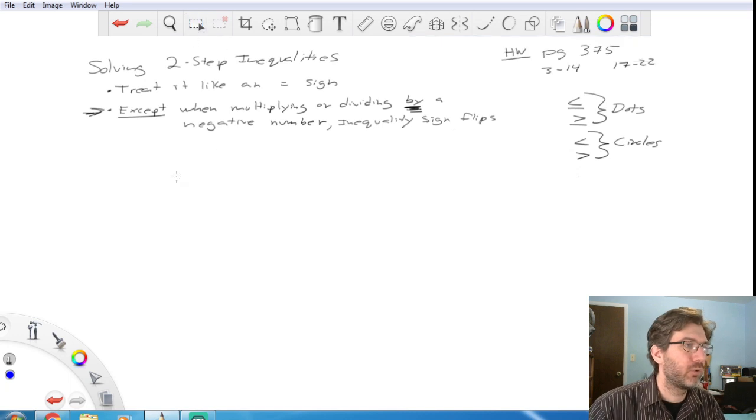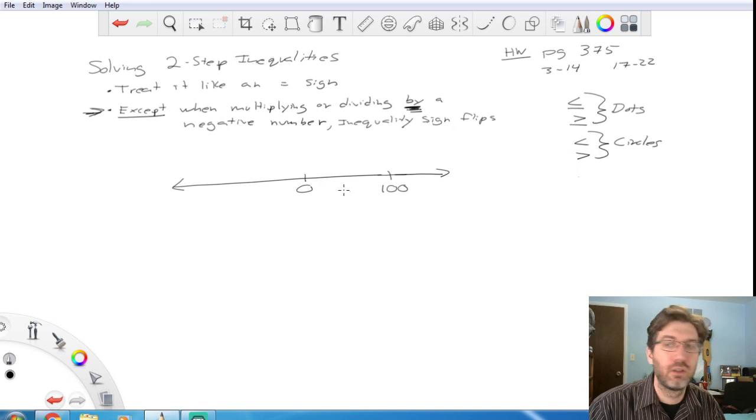If you follow along a little bit here, let's look at a number line. Let's say 0 is here, and let's get a big number. Let's say 100 is here.